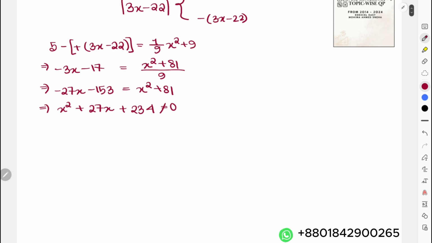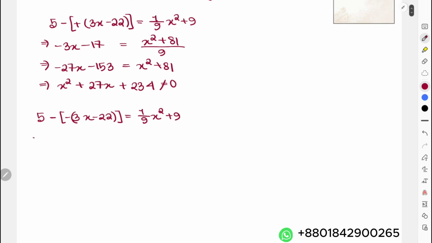So if I have to then continue with the negative value, which is 3x minus 22, that is also equals to 1 by 9 x square plus 9. From there again do the same procedure, plus and plus will be plus, minus and minus is supposed to give you plus.